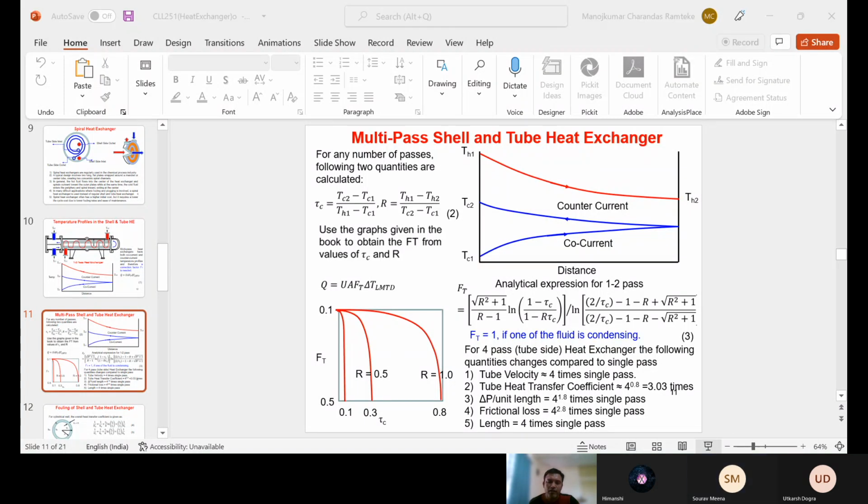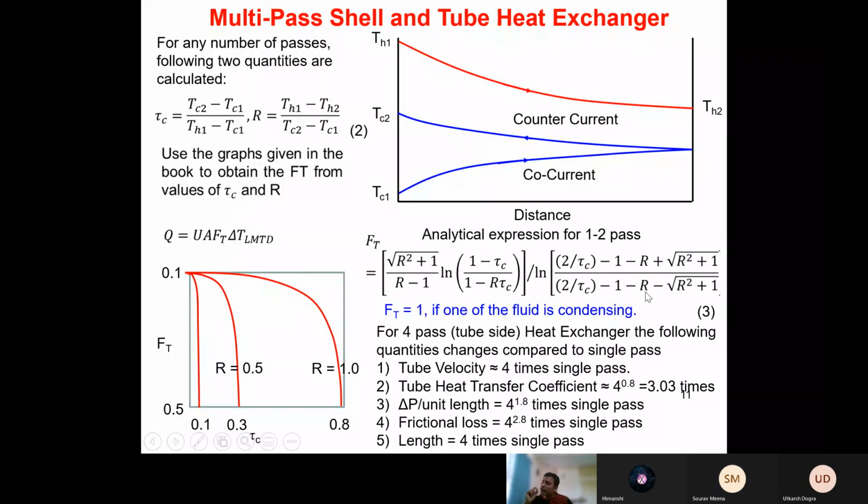Yes, sir. Okay. So another interesting comparison between single pass and multi pass is given. Remember, that is what one of the students asked me in the last class: what happens if we increase the multi passes?